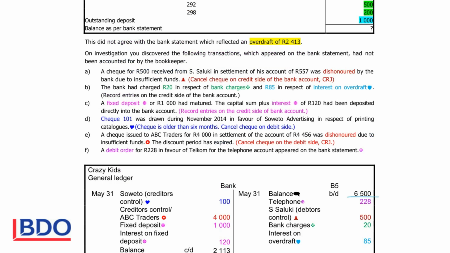This balance in the bank account, when he calculated the figures after he completed the bank recon, does not agree with the bank statement that reflected an overdraft of 2413. So at the end of May, according to the bank statement, we have an overdraft of 2413, and we will start our bank reconciliation statement with the 2413.